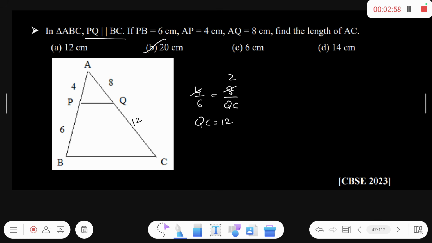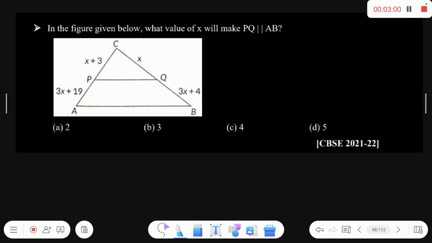20 is your answer. Next, in the figure, find the value of x for which PQ is parallel to AB. If PQ is parallel to AB, then we should say x plus 3 upon 3x plus 19 is equal to x upon 3x plus 4.